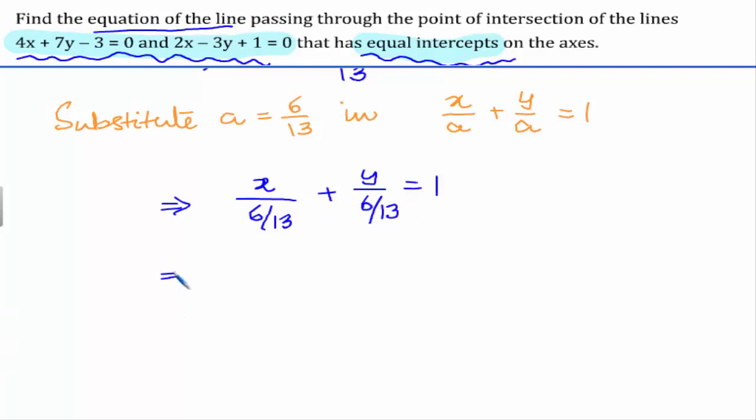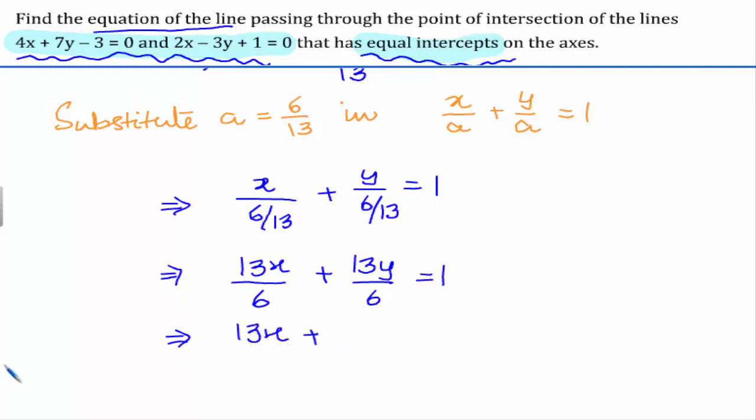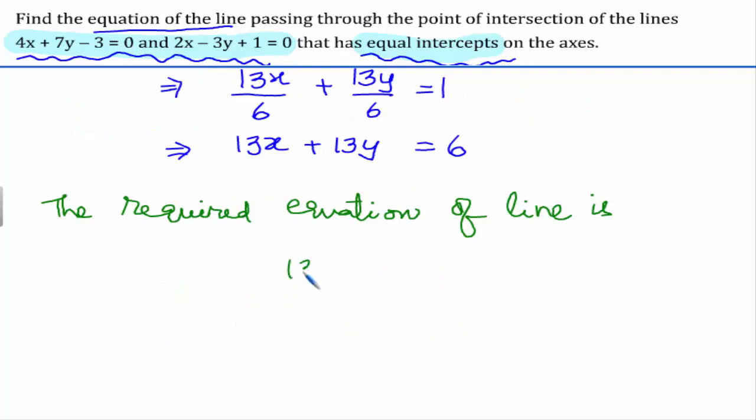That will give us 13x by 6 plus 13y by 6 is equal to 1. So if we simplify further, we get 13x plus 13y is equal to 6. So the required equation of the line is 13x plus 13y is equal to 6.